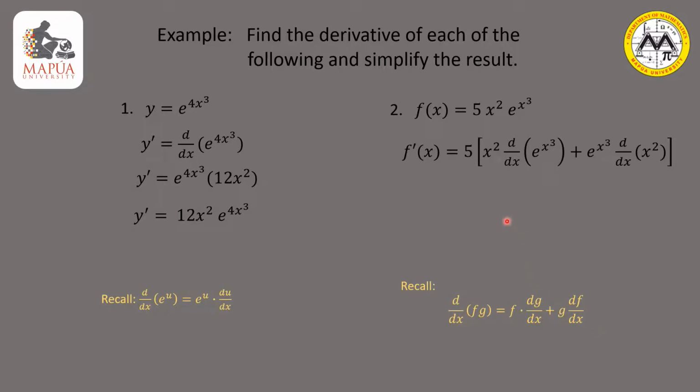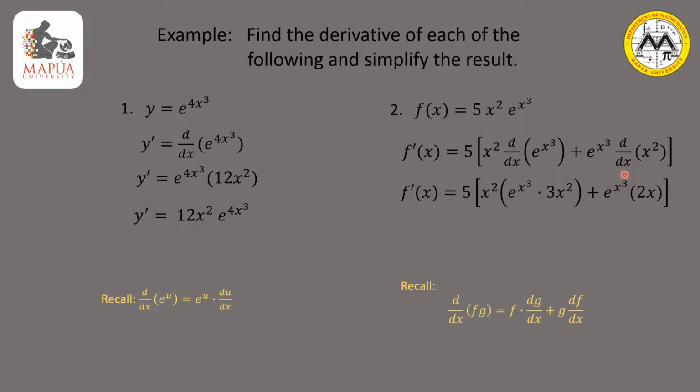Applying that here, f prime of x will now be defined equal to the constant 5 times the derivative of the product x squared times e to the x cubed given by x squared times the derivative of e to the x cubed with respect to x plus e to the x cubed times the derivative of x squared with respect to x.